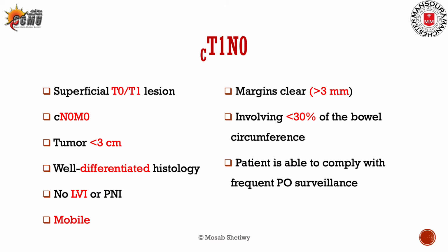The mass is not fixed but mobile. And lastly, the patient must be able to comply with postoperative surveillance, because these lesions may have a tendency to recur even if they are superficial. If the patient is not compliant with postoperative surveillance, then local excision is not preferred. Other than that, if all the features are present, then local excision would suffice.